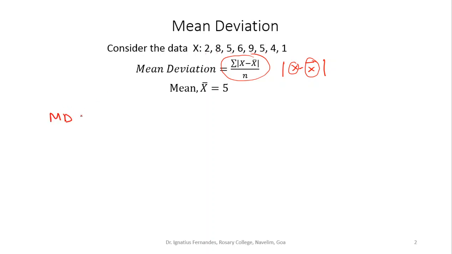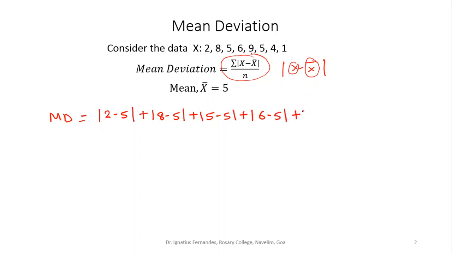So mean deviation is equal to, you first subtract the first value from its mean. So |2 minus 5|, its absolute value, plus we are taking the sum of all these deviations. Next value is 8, so |8 minus 5|. Next value is 5, so |5 minus 5|, plus next value is 6, |6 minus 5|, its absolute value.